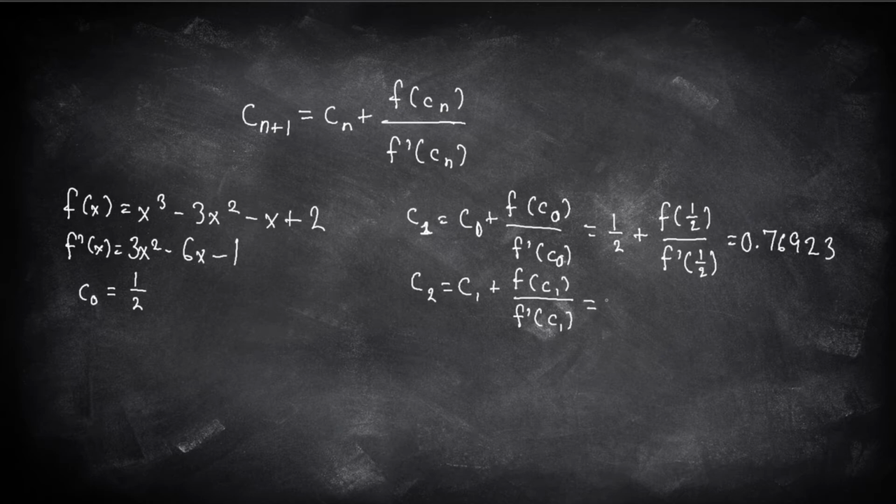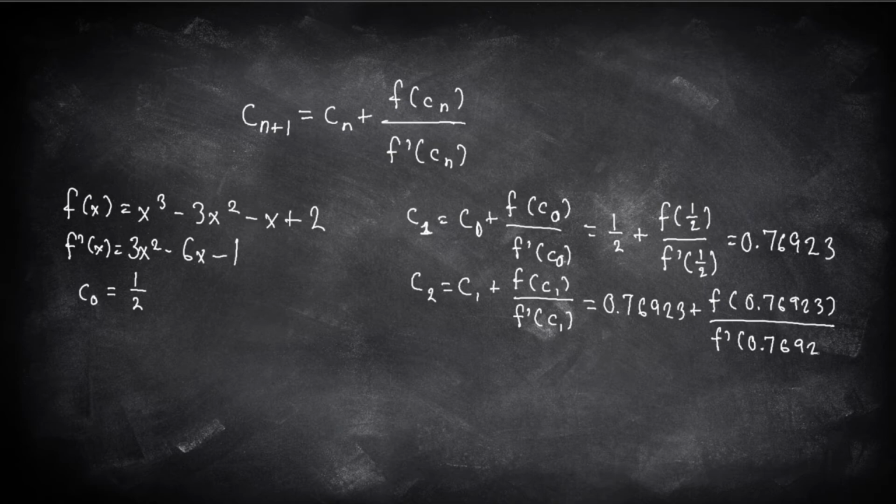That's 0.76923 plus f at 0.76923 divided by the derivative of that function at 0.76923. When you put this into your calculator, you get 0.746, with 5 decimal places, 0, 0, etc.